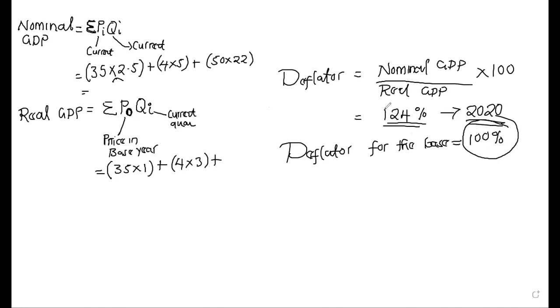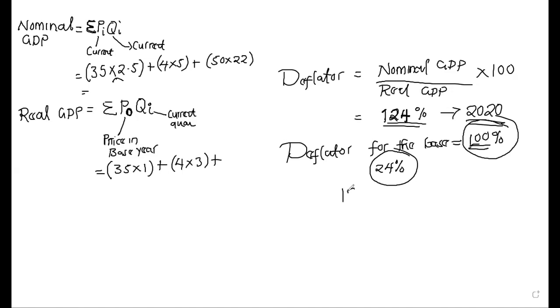So if you find a GDP deflator of 124%, that means prices have risen by 24%, because in the base year it's 100. Therefore, inflation is 24%. Let's say in 2020 we found this, and in the base year we already know it's always 100%.